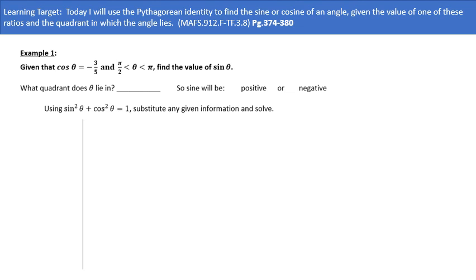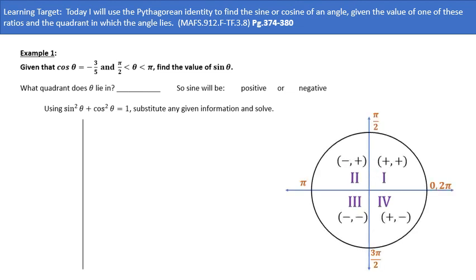The first thing that we're asked is what quadrant does theta fall into? So this is why we got to remember what we just talked about up top. They tell us that theta is in between pi over 2 and pi. Now go to your unit circle. Where would that angle have to be if it's in between pi over 2 and pi? It'd have to be right here, somewhere in between pi over 2 and pi, which puts it in the second quadrant.